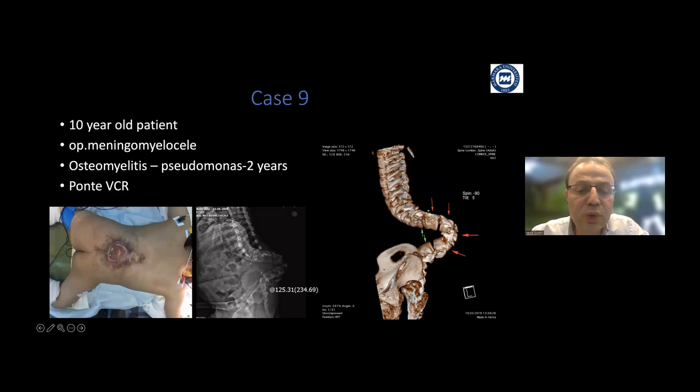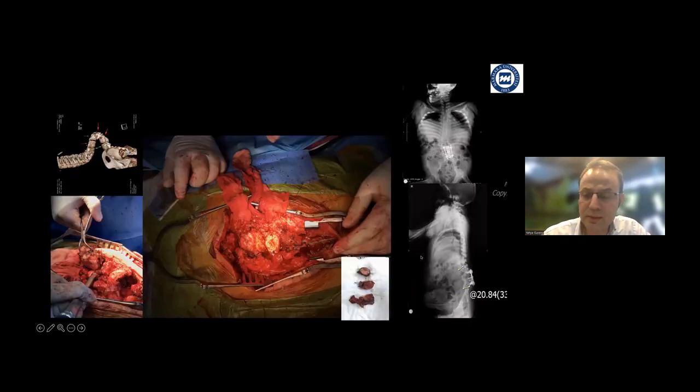Sometimes patients come to us like this, and we can see again in the CT scan and 3D CT that there is failure of formation. There is no posterior element of the vertebra in this area, and there is a hemivertebra here, but this occurred because of the osteomyelitis, and this patient has again kyphosis. This is the operation, and this is case 10.